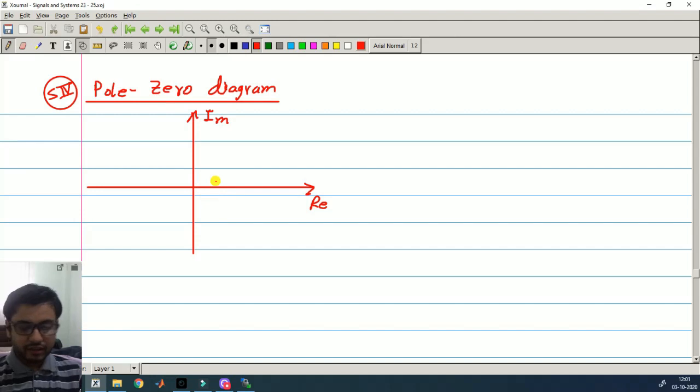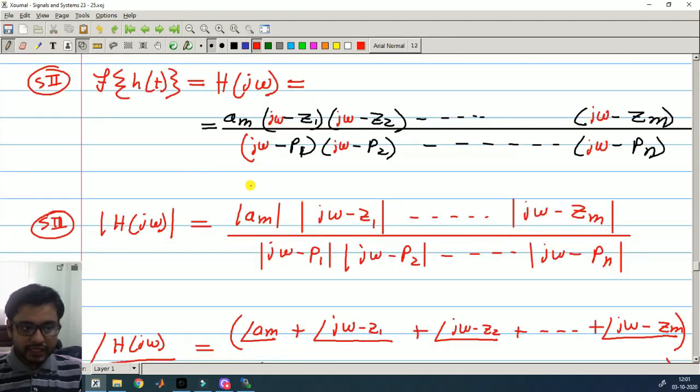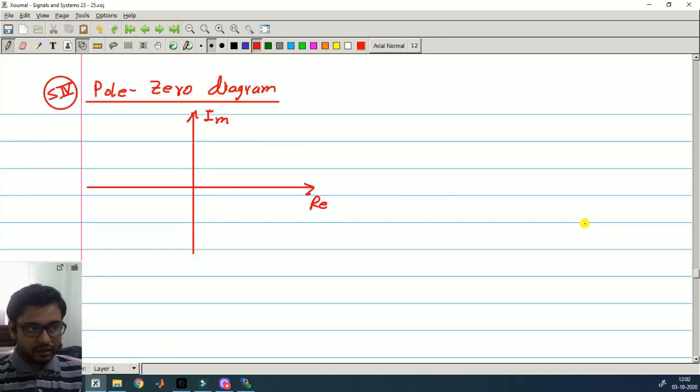So first, the roots of the numerator polynomial, or zeros, we will draw their location on this diagram with the symbol 0, like maybe z1 is here, maybe z2 is here, maybe z3 is here, etc. So we will place them in their proper location.